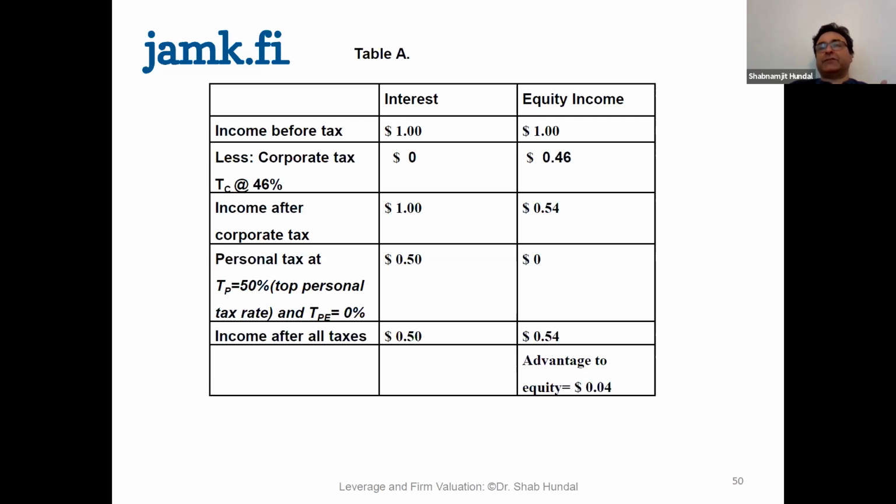In several countries, the personal income tax rate on equity income, which is like entrepreneurial income, is very low, whereas the tax rate on interest earnings is more, because interest is comparatively a safer income stream. On a safer income stream, the tax man would put more burden on you.